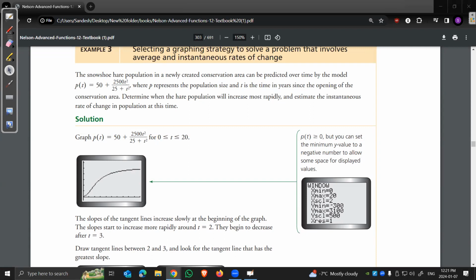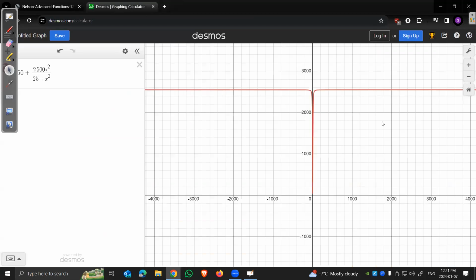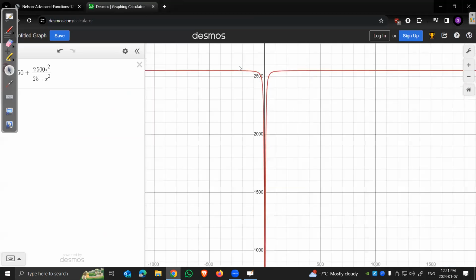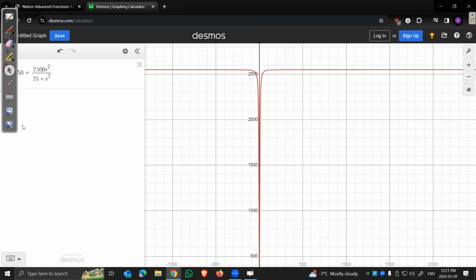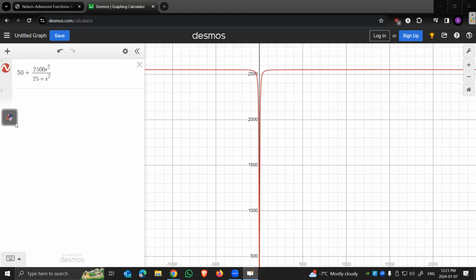Now we know there's going to be an asymptote somewhere at 2500. Did I do this right? Yeah. So at 2500, you see that horizontal line that's invisible? There's a dotted line here somewhere. That's at 2500. That's the horizontal asymptote.